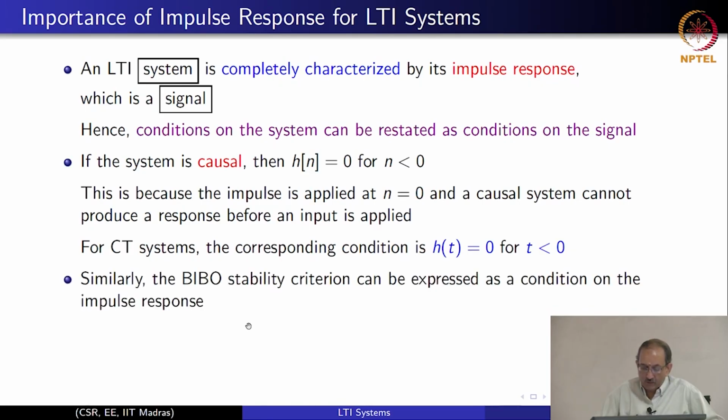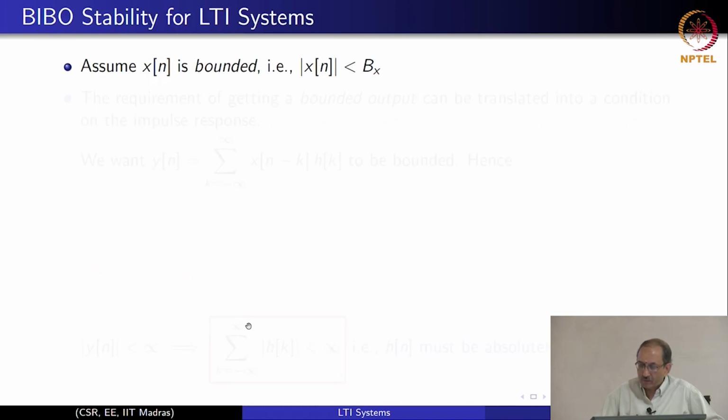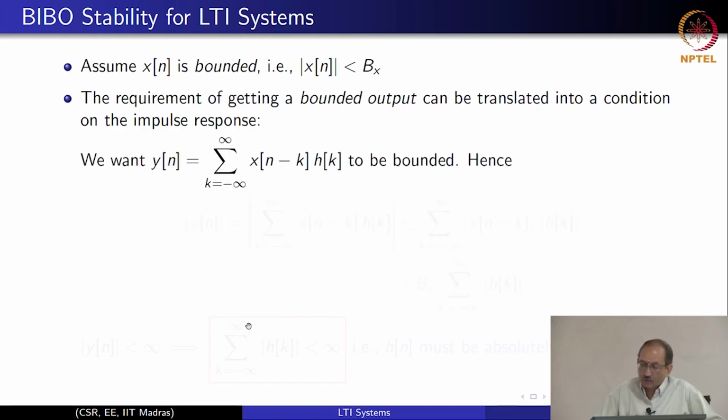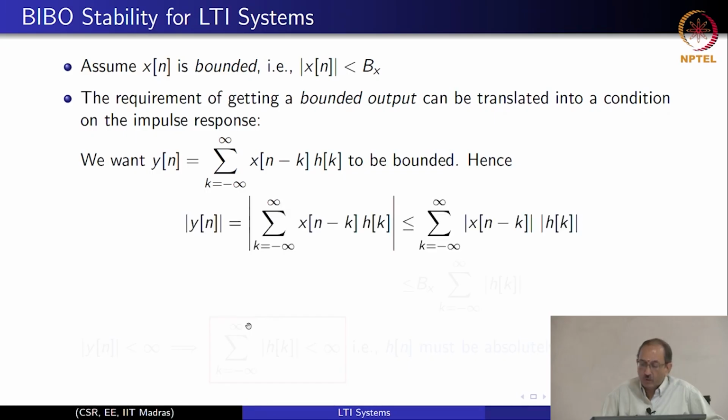Similarly, for stability, the condition can be expressed as a condition on the impulse response, and we assume that the input is bounded, and this condition can be translated to a condition on the impulse response. This is no different from what you might have seen in the continuous time case. So, we want y of n to be bounded, and if you try to bound the output, then you see that the absolute value of the sum is always less than or equal to the sum of the absolute values, and so this is always less than or equal to Bx.